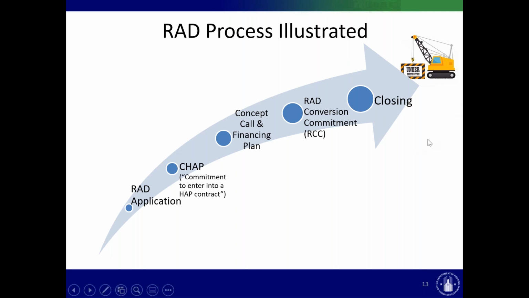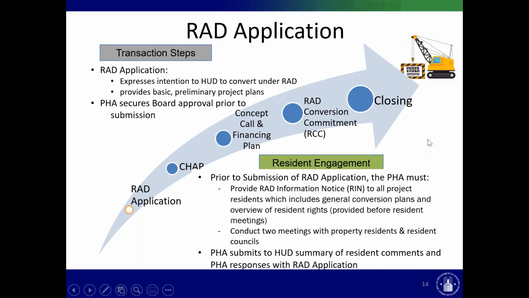So first, on the RAD application, a PHA expresses their intention to HUD to convert under RAD. They provide basic preliminary project plans that often end up needing to change or get adapted and modified along the way. Before they submit their application, the PHA secures board approval.